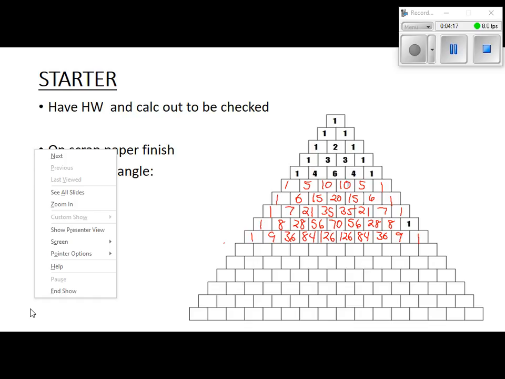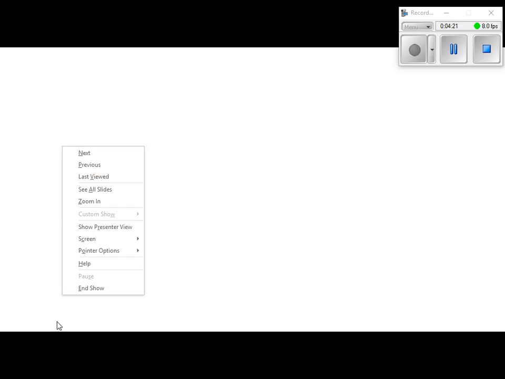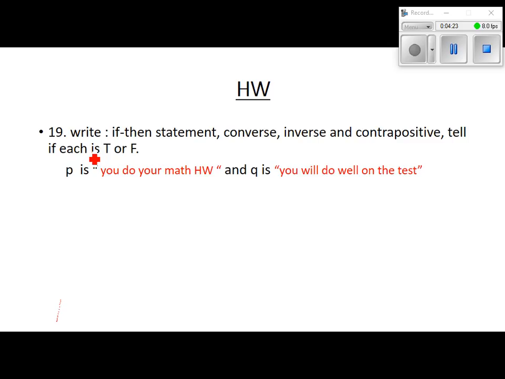All right, open up your books to page 71 and have your homework out. We're going to do a couple of these together, then I'll ask some questions, or ask 4 questions that you want to see. Number 19 on 71, apparently it looks something like this. And I think I told you last time, converse, inverse, contrapositive is very important.